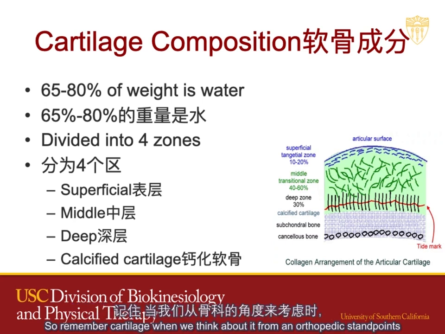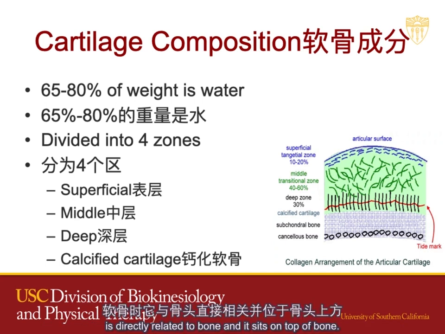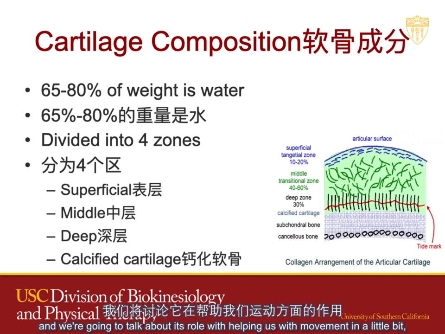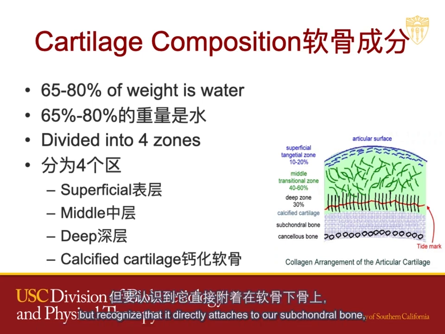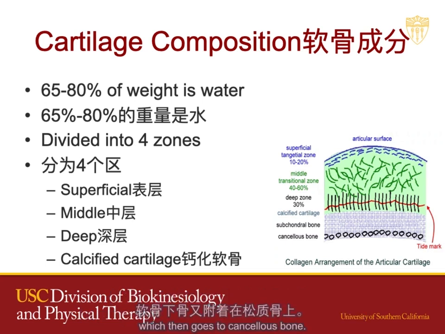So remember, cartilage, when we think about it from an orthopedic standpoint, is directly related to bone, and it sits on top of bone. And we're going to talk about its role with helping us with movement in a little bit, but recognize that it directly attaches to our subchondral bone, which then goes to cancellous bone.